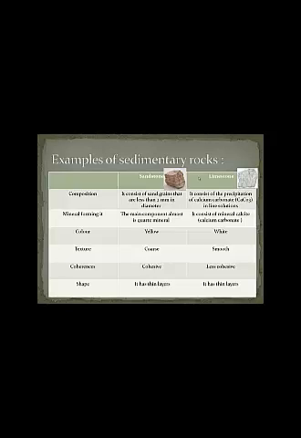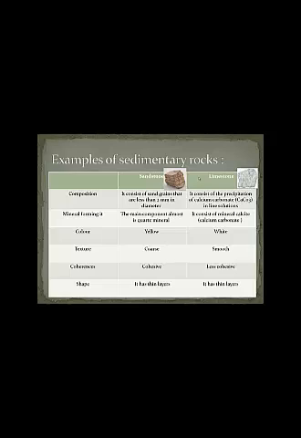There are some examples of sedimentary rocks, sandstone and limestone. So we will explain the difference between sandstone and limestone. Firstly, composition: sandstone consists of sand grains less than 2 millimeters in diameter, but limestone consists of precipitation of calcium carbonate, CaCO3, from the lime solution.